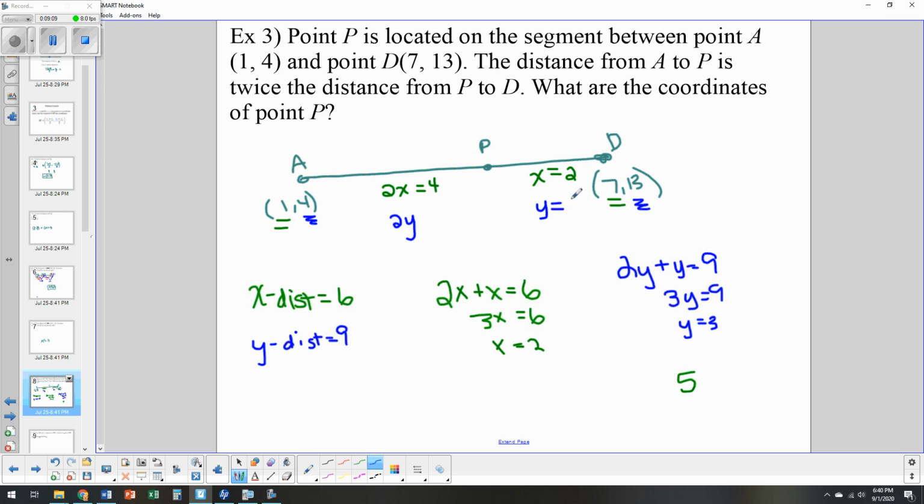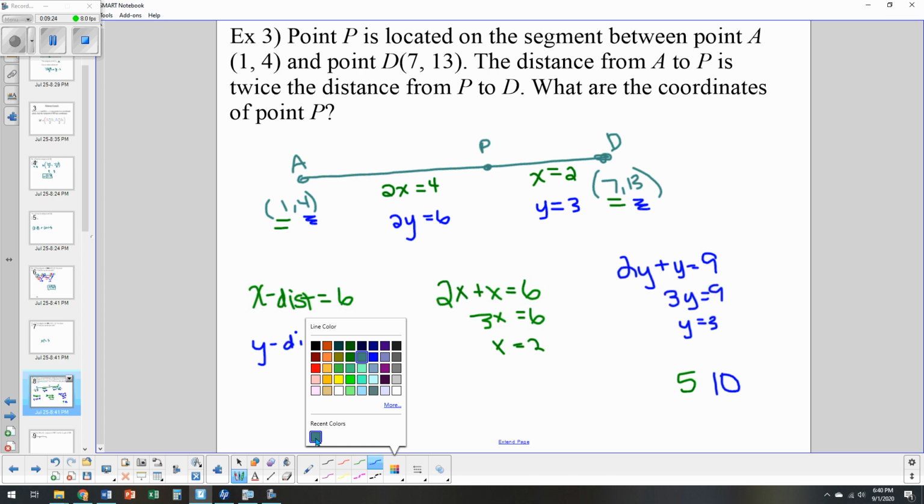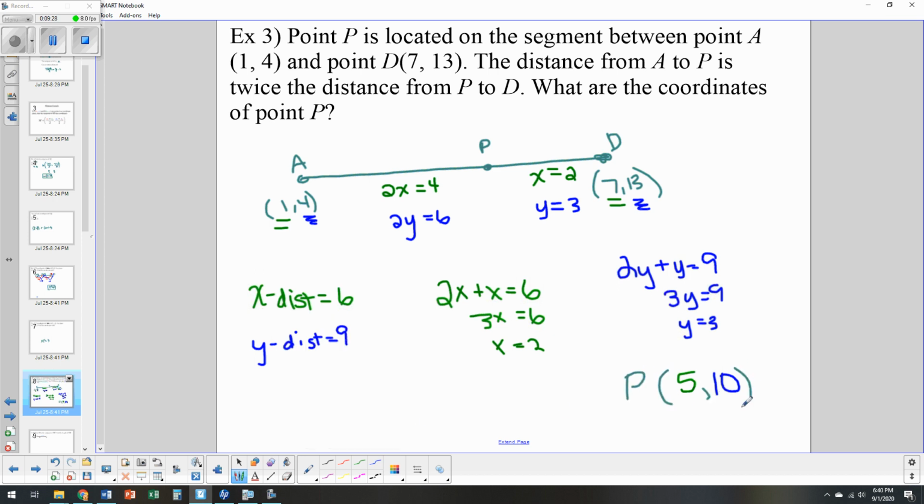So if y is 3, 2y is 6, which means either 6 up from the 4 or 3 down from the 13. So 4 plus 6 is 10. So that makes point P 5, 10.